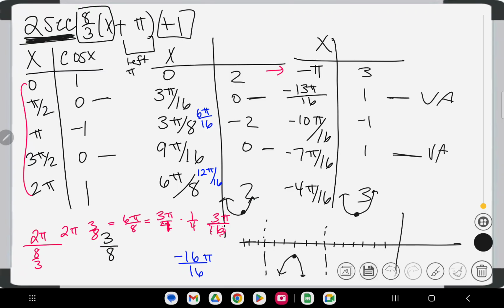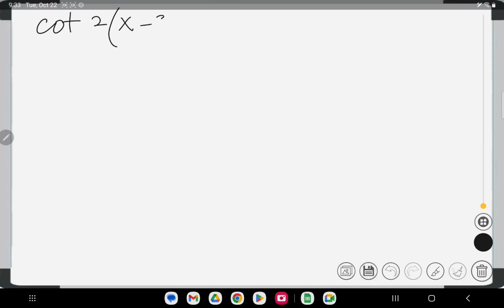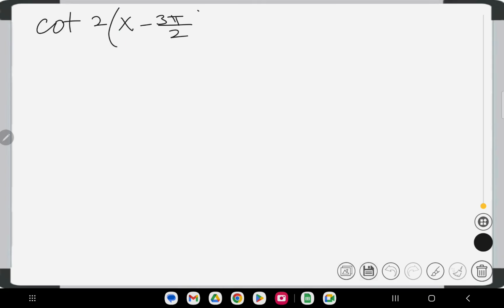Let's do a cotangent one, because I haven't done one of those yet. Works the same way. So cotangent of 2x minus 3 pi over 2 minus 3. All right, so let's start with those key points.